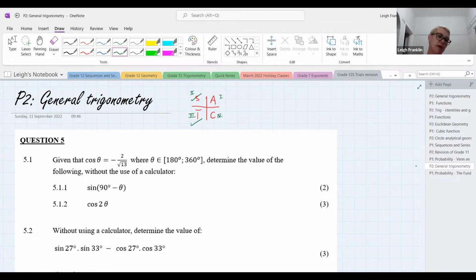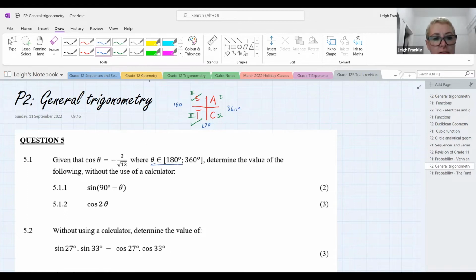So our terminal arm has to come to rest somewhere. So how are we going to work out whether it's quadrant 2 or quadrant 3? Because 180 starts over here, doesn't it? There's 270 over there, and here's 360.